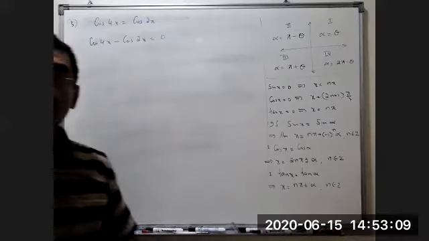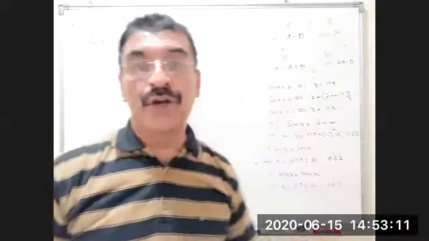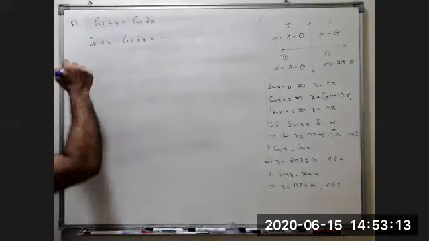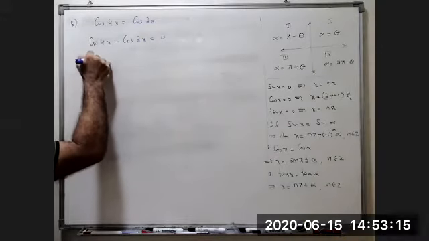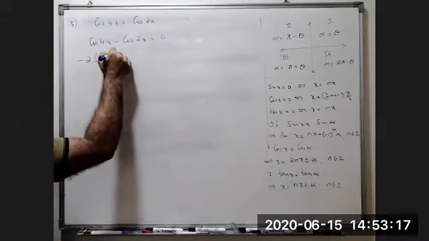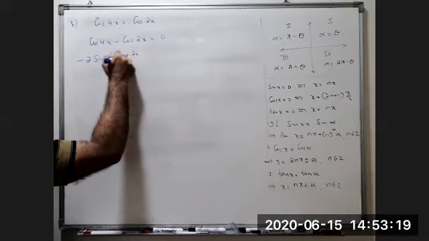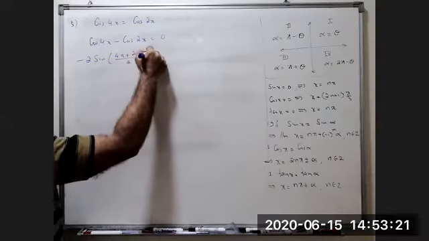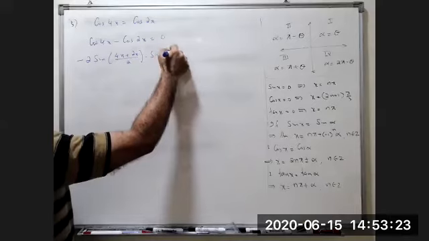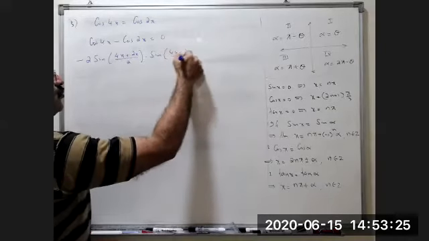Then use the formula: cos x minus cos y is minus 2 sin((x plus y) by 2) into sin((x minus y) by 2).